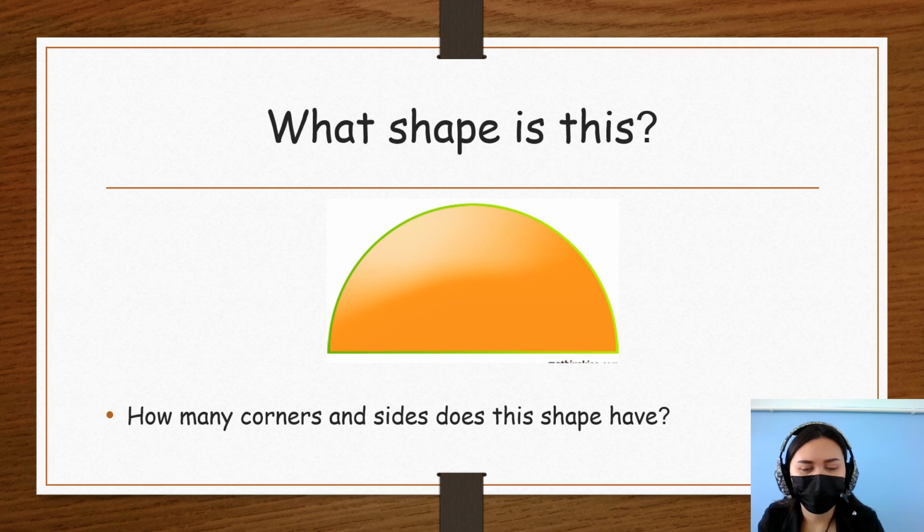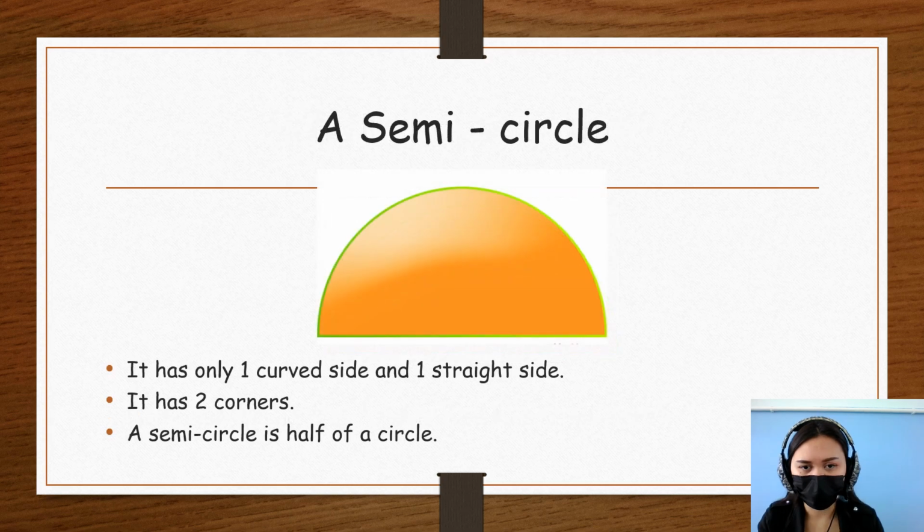Okay, how about this one? What shape is this? Okay, how many corners and sides does this shape have? So this shape is a semicircle. It has only one curve and a straight side. It has corners.